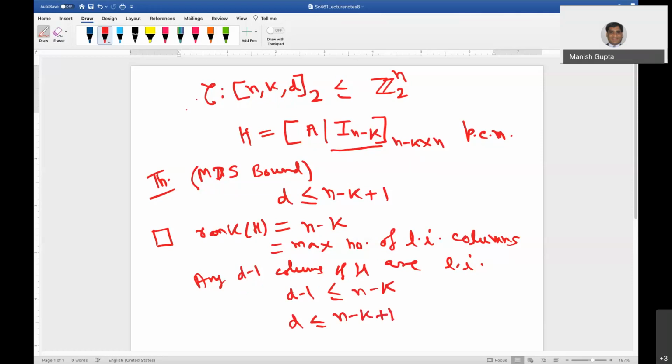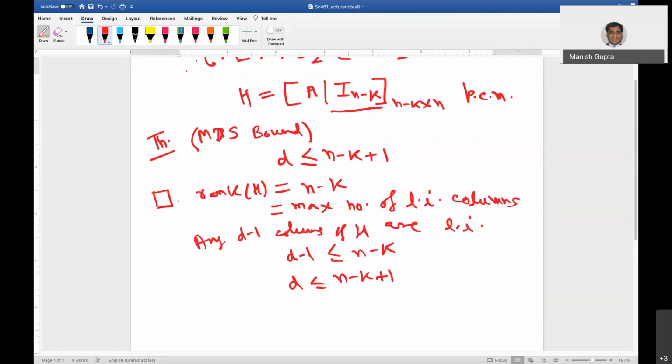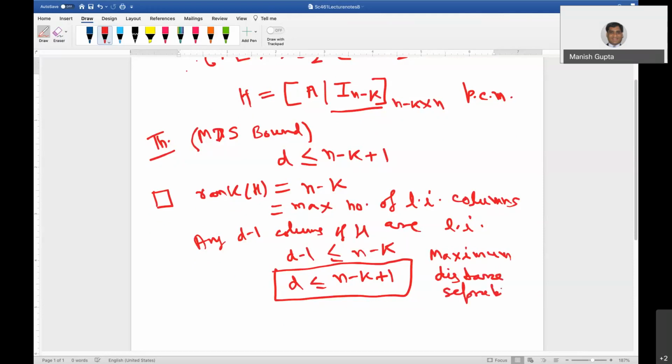So we arrive at the bound. This is known as the MDS bound, maximum distance separable. Maximum distance separable, or in short, MDS.